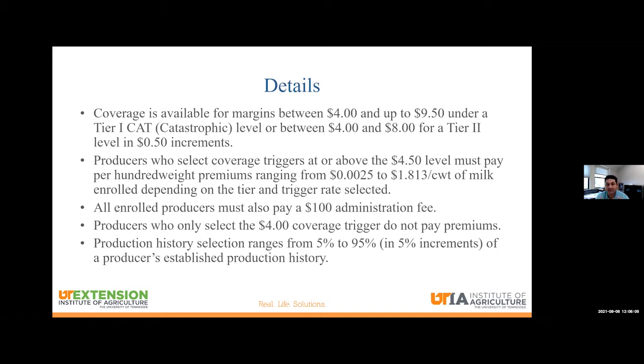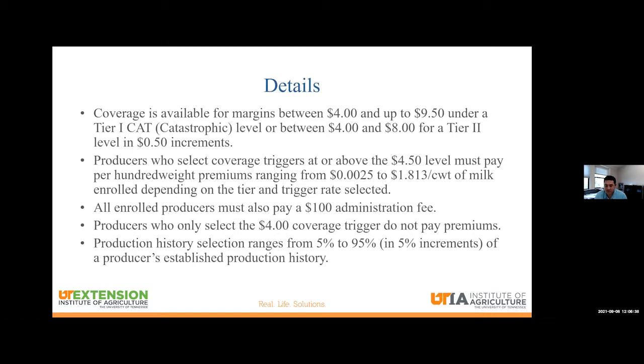But the details are that the coverage is available for margins from $4 to $9.50 under tier 1, or $4 to $8 on tier 2, in 50-cent increments. Producers will select their coverage triggers at or above the $4.50 level, and must pay a per hundredweight premium ranging from $0.0025 to $1.83 per hundredweight of the milk that's enrolled, depending on the tier and the trigger rate the producer selected.